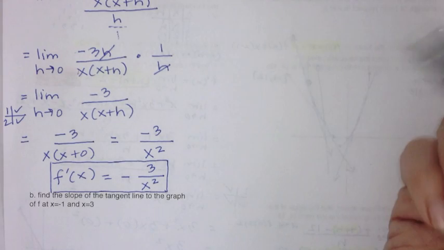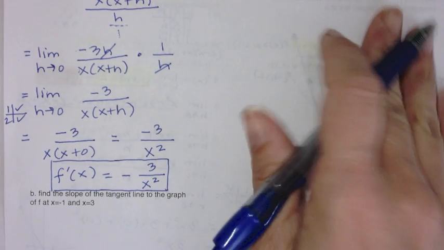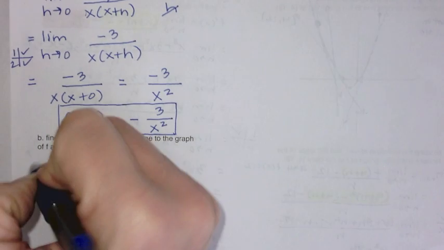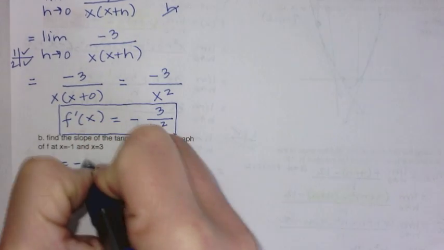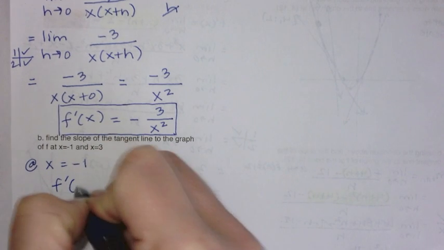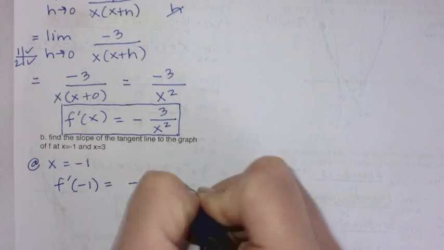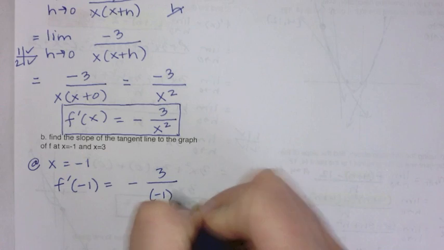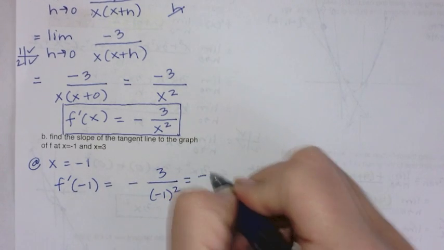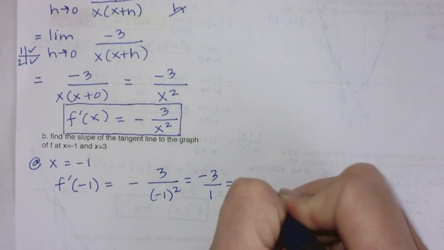So for part B, it says, find the slope of the tangent line to the graph of f at x equals -1. So at x equals -1, I'm looking at f prime of -1, which is -3.